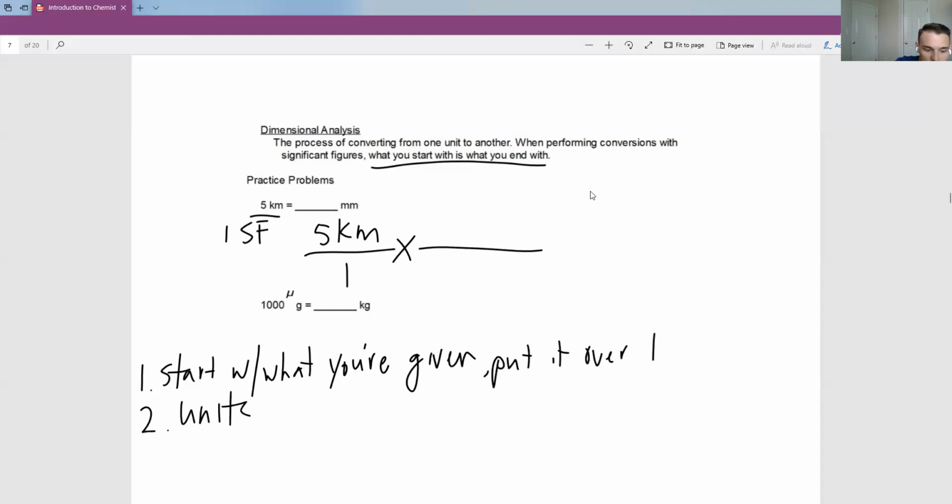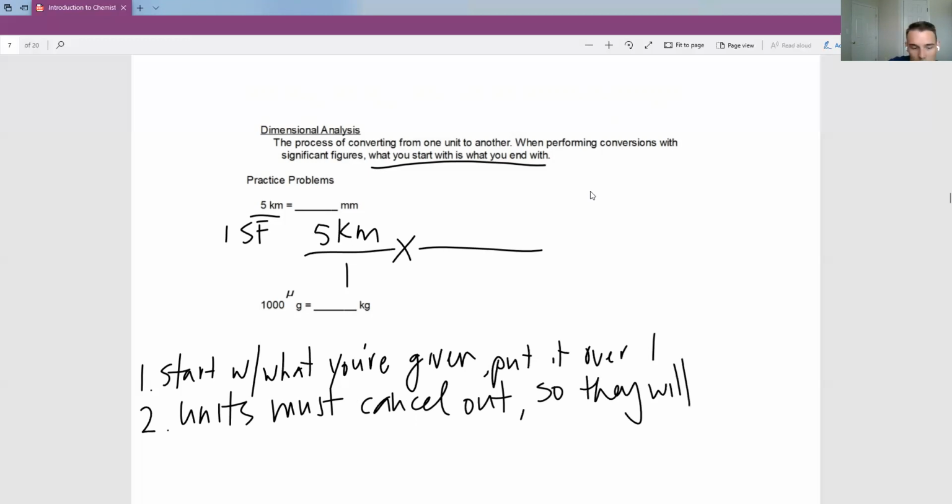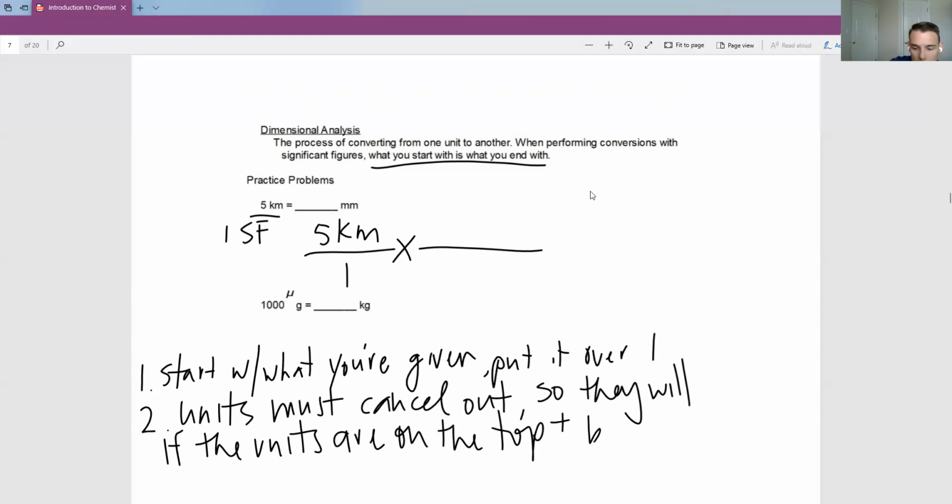And the second thing really is that units must cancel out, so they will if the units are on the top and bottom. So if you've got something on the top and something on the bottom, they're going to end up canceling.